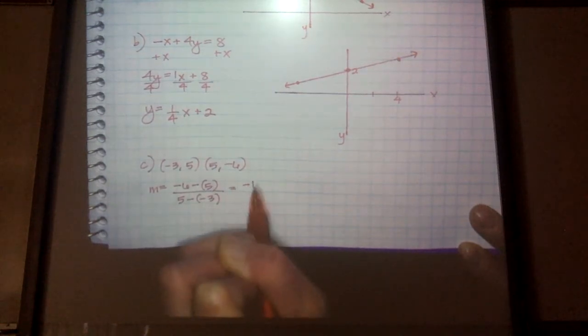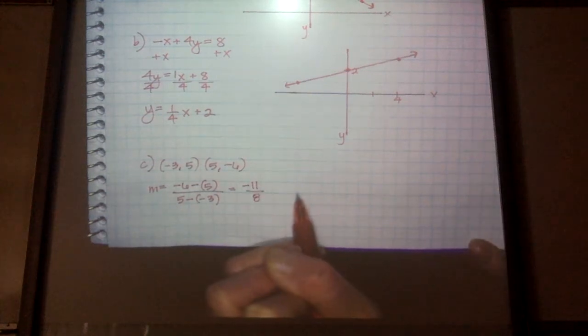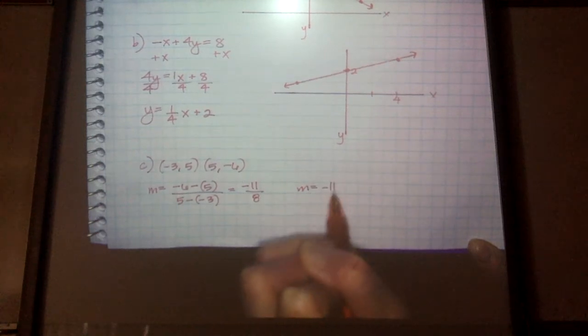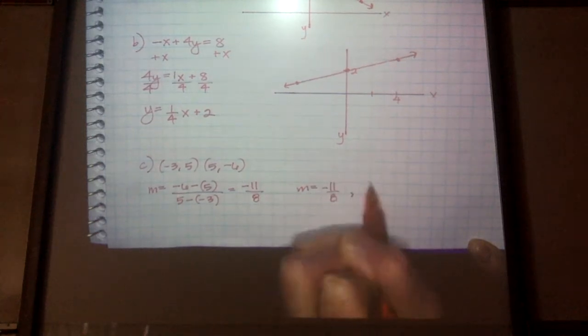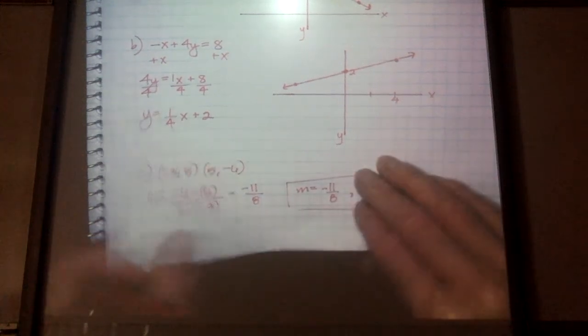So negative 11 over 8. I have a negative slope, right? Slope, or m, is negative 11 over 8. So therefore this line falls.